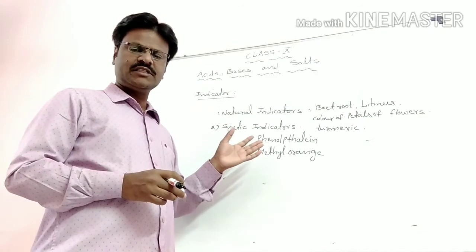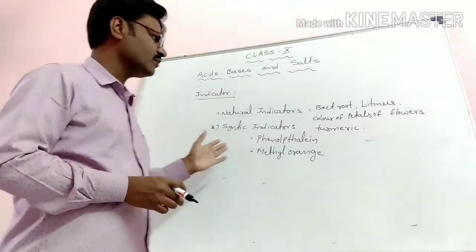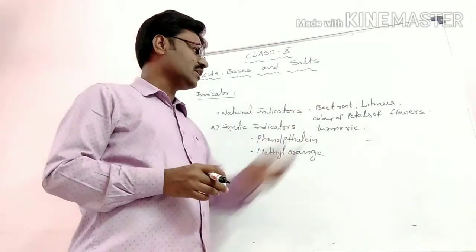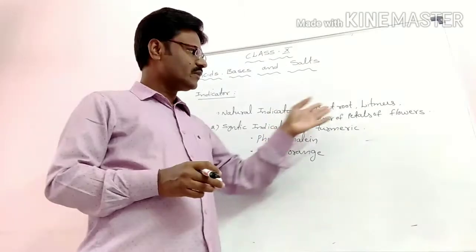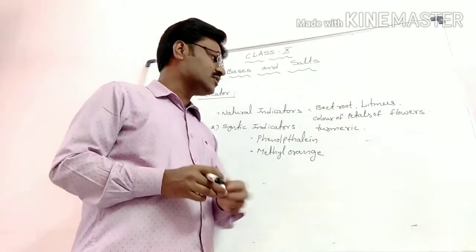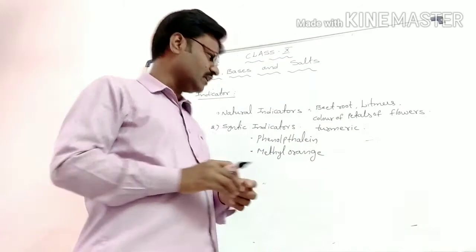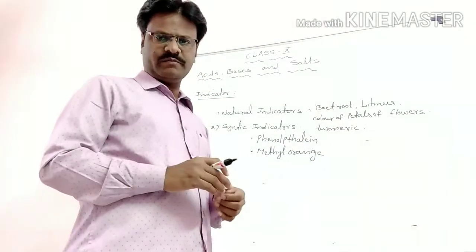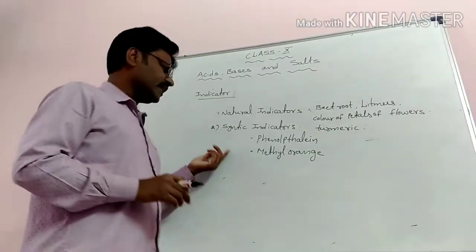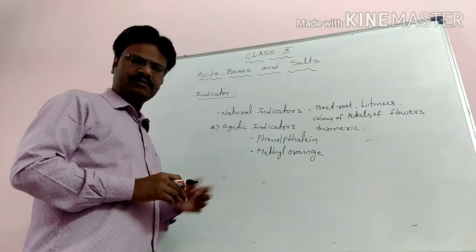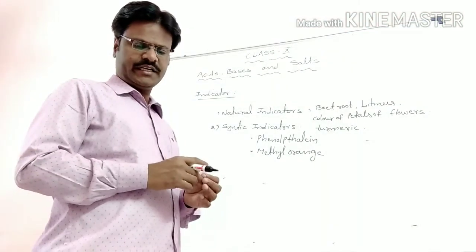Natural indicators are naturally available, like beetroot juice, litmus, colors of petals of various flowers, and turmeric powder. Synthetic indicators, for example, are phenolphthalein and methyl orange.